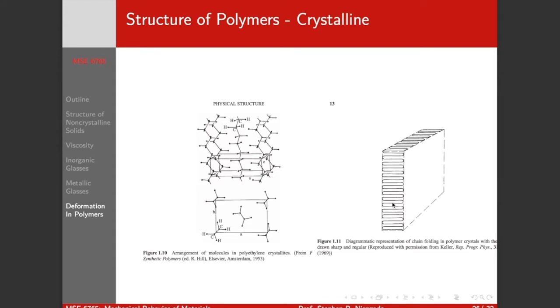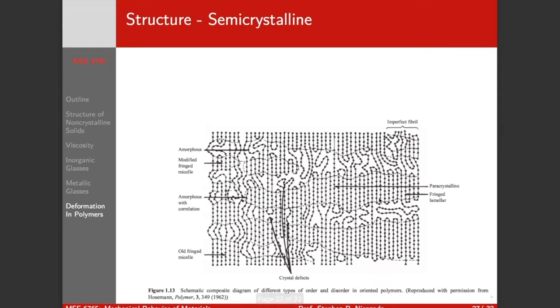Right, and these chains tend to fold back and forth, and you get these lamellar-like crystalline regions here. And we've got a whole bunch of defects, amorphous regions. We can have dislocations in our crystalline regions.